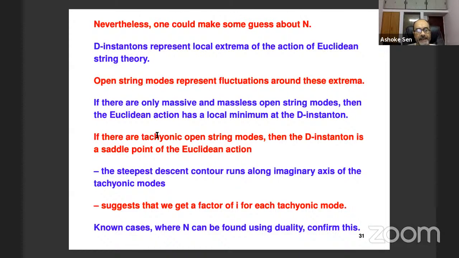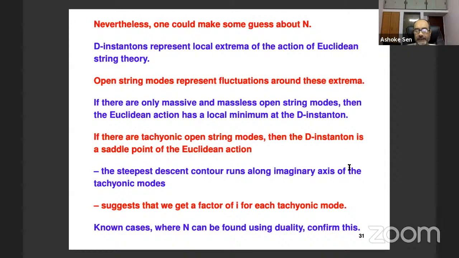On the other hand, if there are tachyonic open string modes, then the D-instanton is a saddle point of the Euclidean action. And that means that when you draw the steepest descent contour, it has to run along the imaginary axis of the tachyonic modes. So this suggests that we get a factor of i for each tachyonic mode.